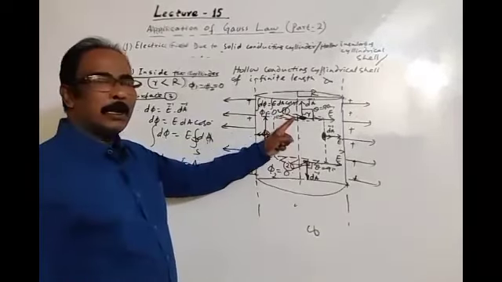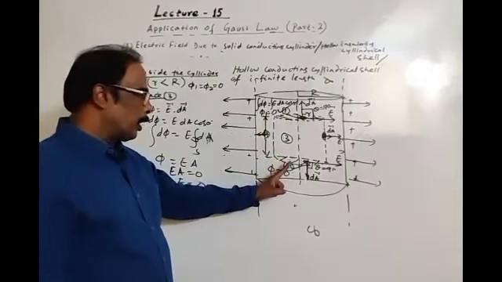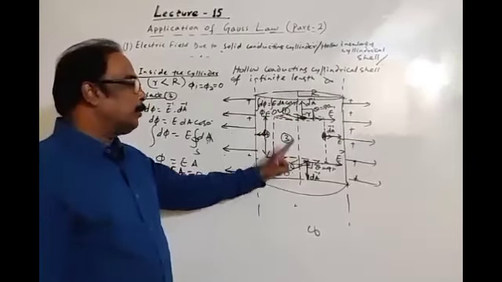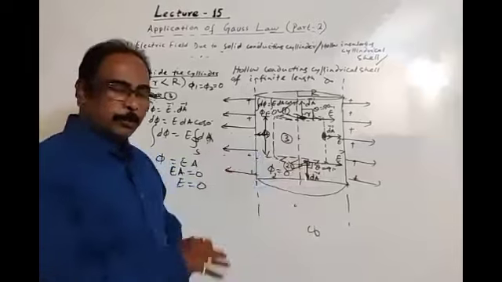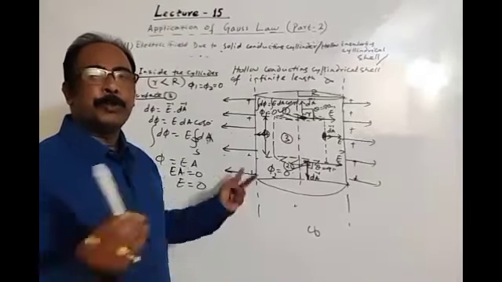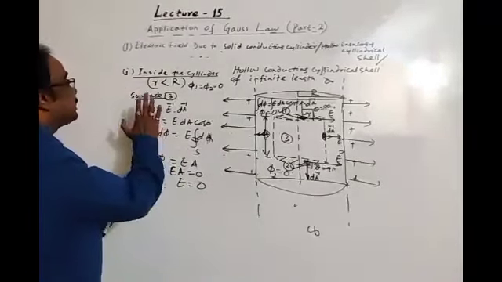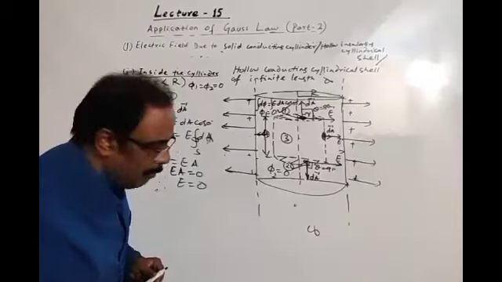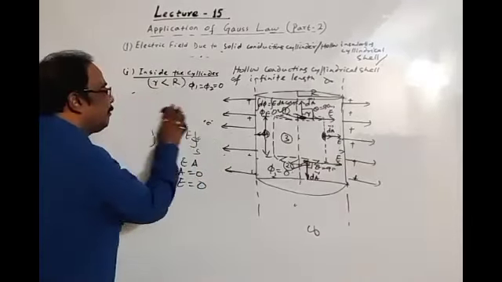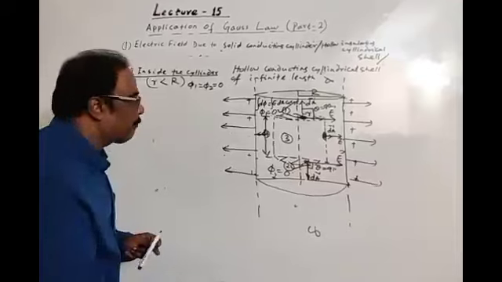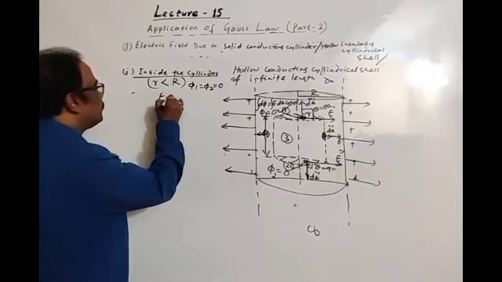For surface 1, the electric field is 0. For surface 2, the electric field is 0. For surface 3, also the electric field is 0. Okay. Thus, inside the cylinder, the resulting electric field, meaning the total electric field, is 0.